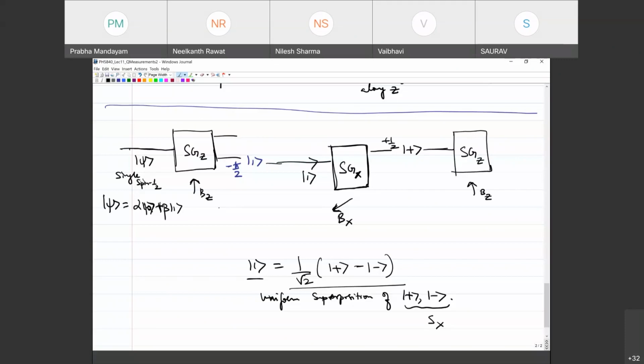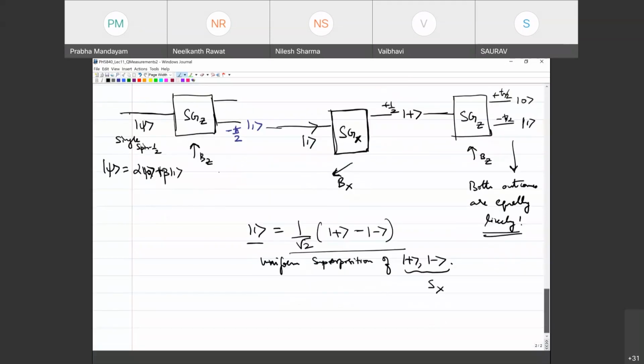You can have either ket 0 or ket 1, which again corresponds to plus h bar by 2 along Z and minus h bar by 2 along Z. And now you see both outcomes are equally likely, because plus is an equal superposition, plus is nothing but 1 over root 2 times 0 plus 1, right?